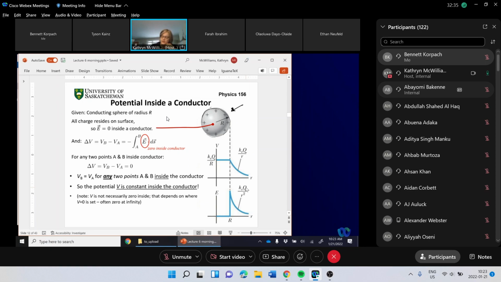Okay. So the electric field falls off like 1 over r squared. And you get to the surface right where the charge is, and the electric field has to drop to 0. So the graph of the electric field has 0 inside the sphere, and then it jumps up to this thing that looks like the electric field from a point charge.